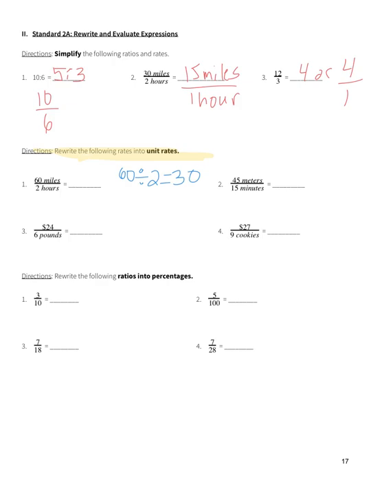So the unit rate here would be 30 miles per hour. And remember, you guys, the per is always the one on the bottom. So 60 divided by 2 equals 30. So it's 30 miles per hour. Okay, go ahead, pause, and try these other ones on your own.